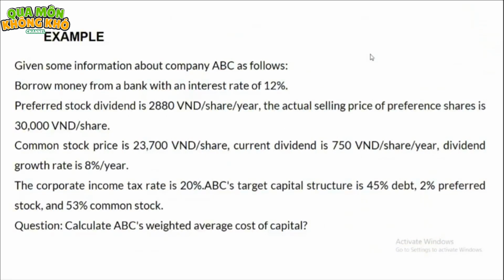And this is the example. Because WACC is very important, I hope you can help me calculate the WACC of the example. I will wait a few minutes for the question, and then I will go to the answer.